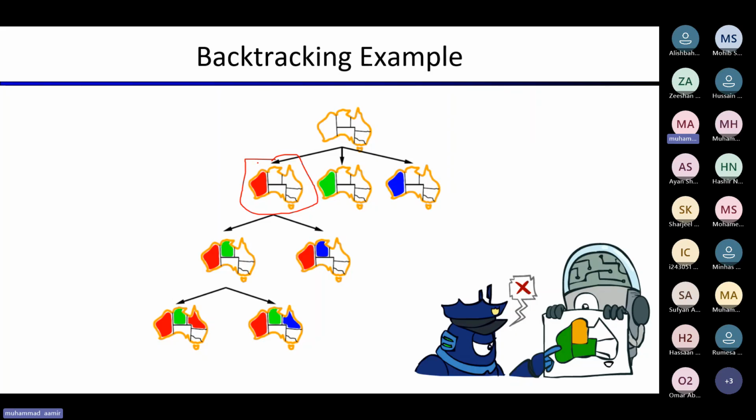Because red may have some conflicting options in the next steps. Okay, let's pick the green one because it has fewer chances of conflicts. Or maybe you can say, can we pick the blue color for the first variable assignment?